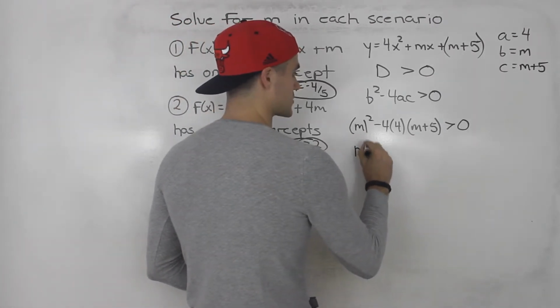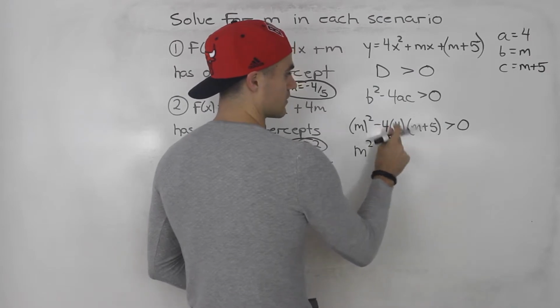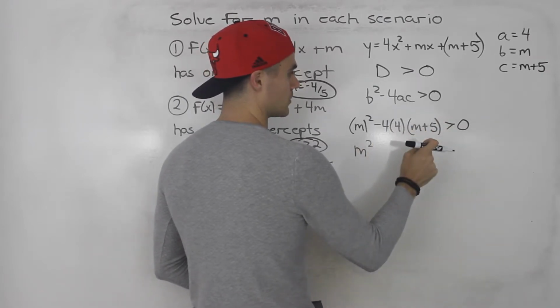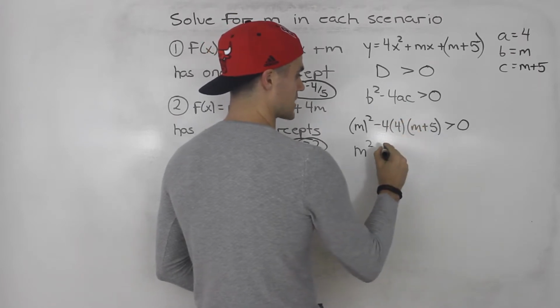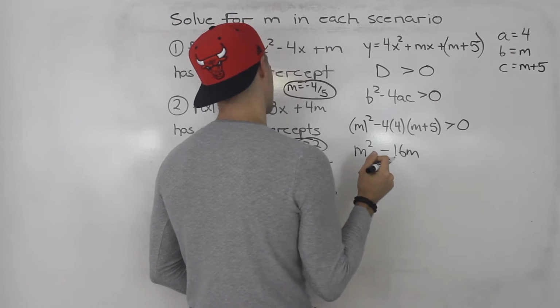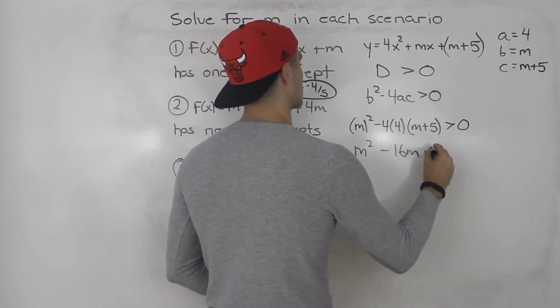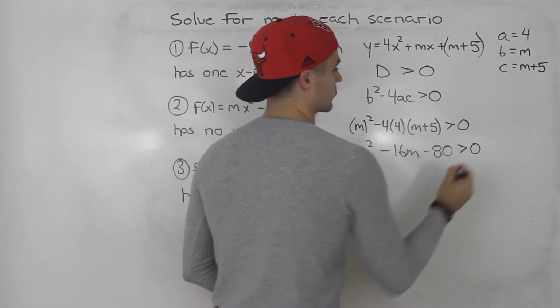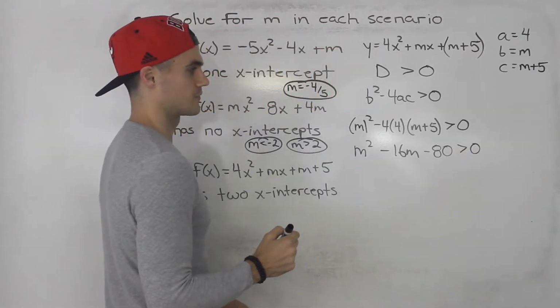So this would be m squared, and right here, this would be minus 16. Negative 4 times 4 is negative 16, and then we could distribute inside the bracket. So negative 16 times m gives us negative 16m. Negative 16 times 5 gives us negative 80. And we have to find when is that greater than 0.